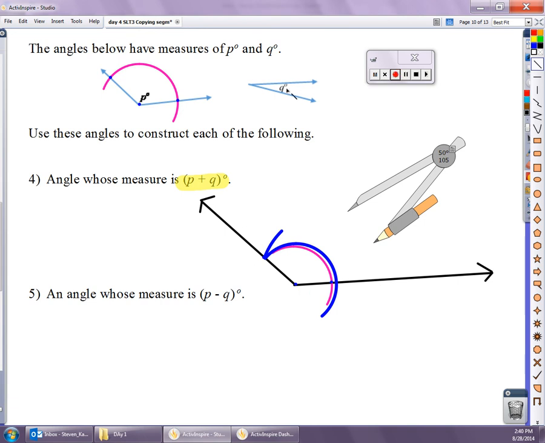So I need to take angle Q, the length of angle Q, and pretty much add it either this way or add it this way. It doesn't matter which one you do. All right, so basically we're going to copy this Q. We can either copy it this way, or we can use this line as our baseline.